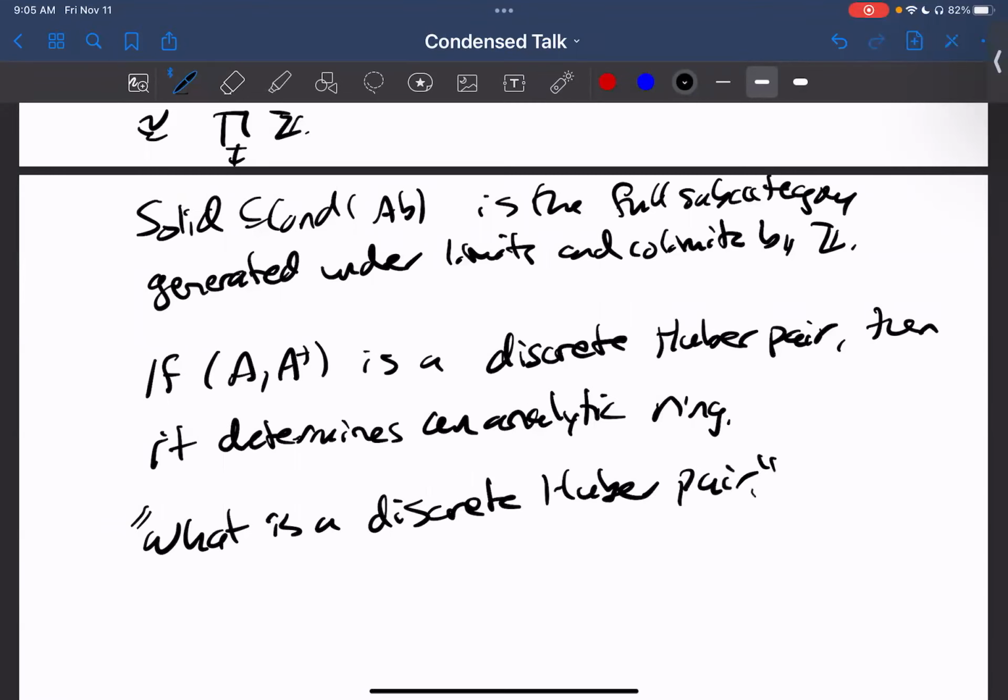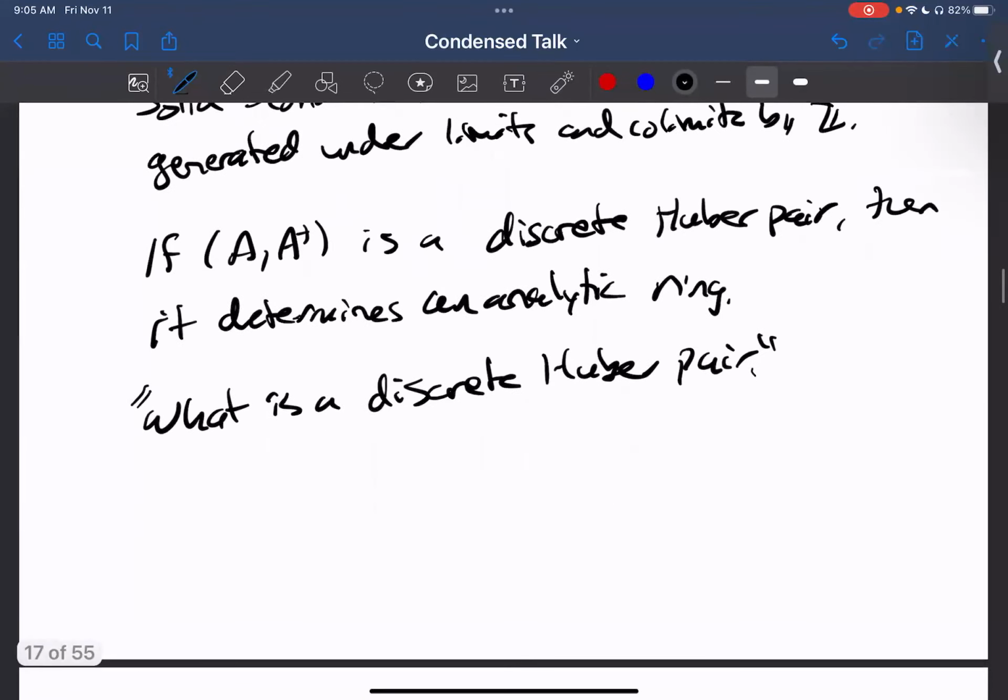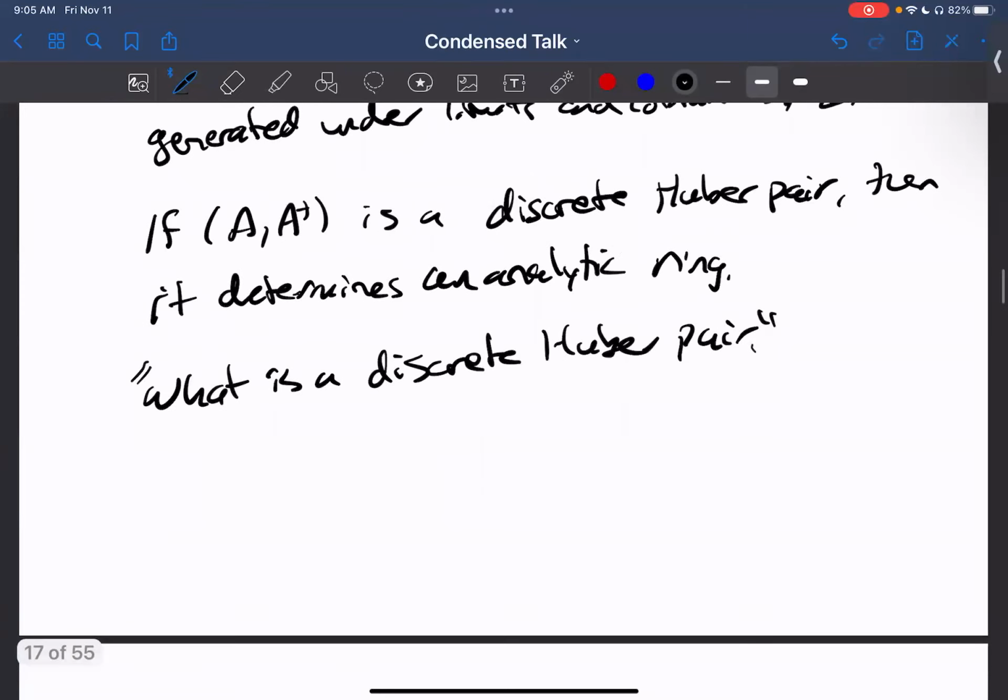Now we're leaving the world of analysis and going more towards number theory. So in particular, arithmetic geometry.